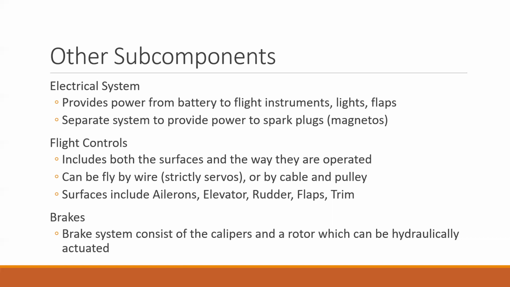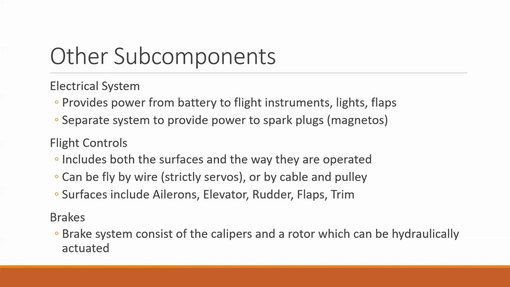Some of the newer aircraft out there are now fly-by-wire, and basically this just means that when you input controls to your yoke or your stick, it responds by sending electrical signals to a computer, which interprets those signals and then sends those signals out to servos, which actuate the control surfaces.